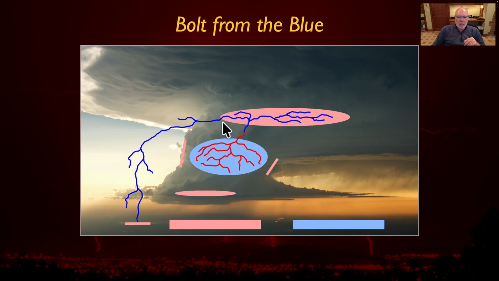In the case of a negative bolt from the blue, which is actually most common, you get a development between the mid-level negative charge region and upper positive charge region. And you'll get the negative leader grow up towards and into the upper positive charge region, the positive leader into the negative charge region.